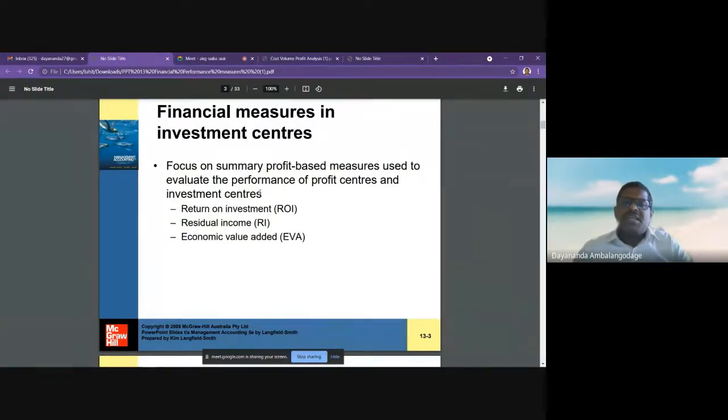So investment center has the characteristics of profit center, plus those managers have the autonomy, the right to take investment decisions. No need to go and ask from the top management. So thereby they are taking the investment decision as well. But profit center managers cannot take investment decisions. For investment decisions, for new projects, they have to get it approved from their top level.